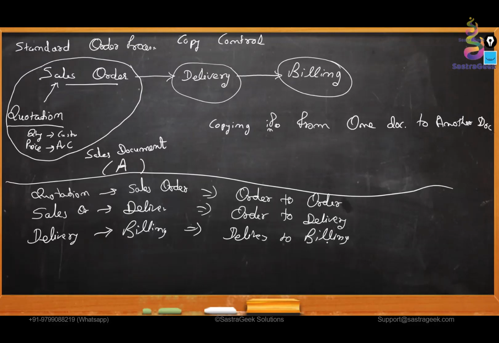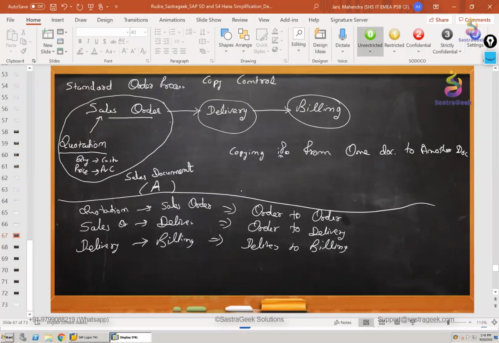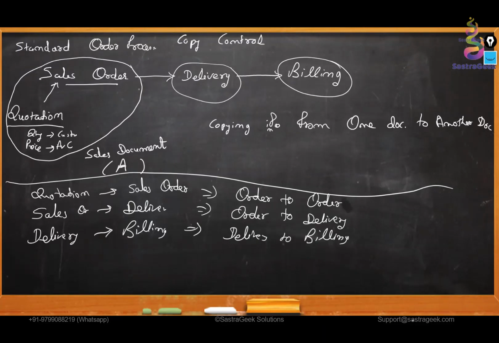But you can see these three copy controls which I'm mentioning come as part of normal sales order processing. But can there be a scenario for order to billing copy control, sales order to billing?